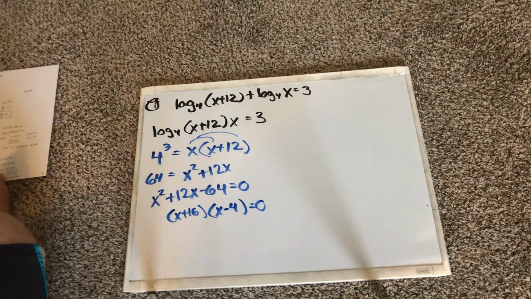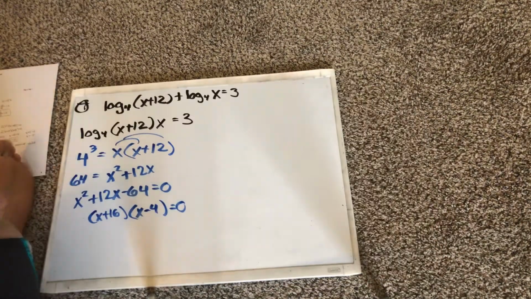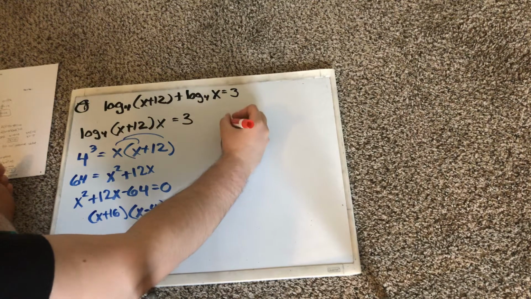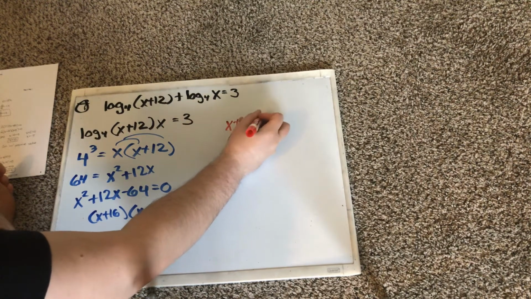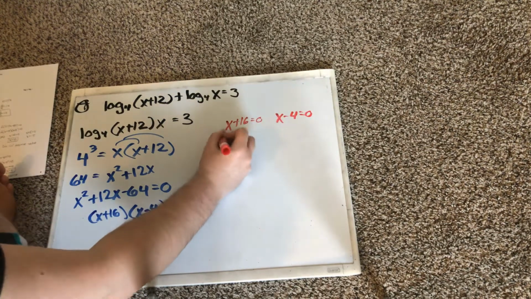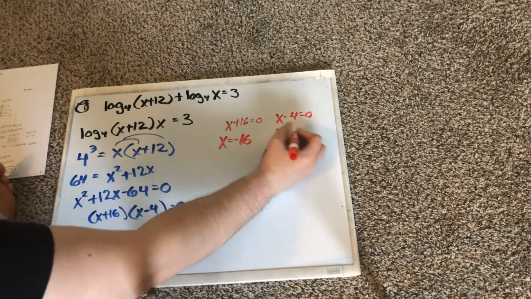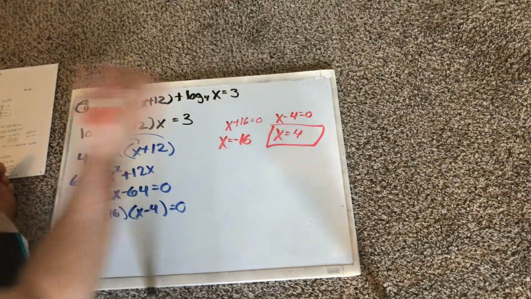So I'm going to set both those equal to 0. So x plus 16 equals 0 and x minus 4 equals 0. I get x equals negative 16, x equals positive 4. Always go with the positive one.